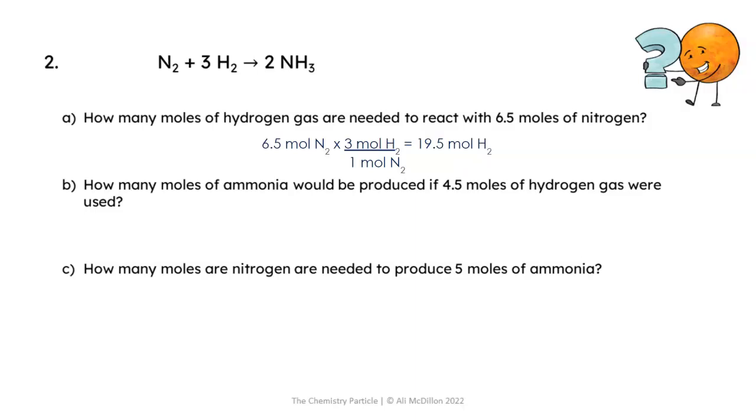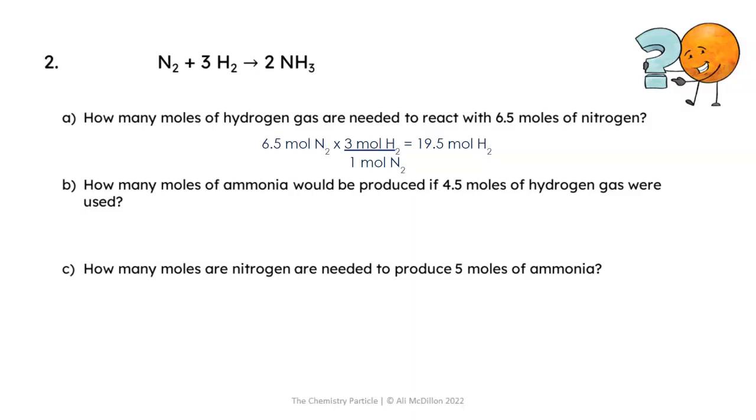Again, when you're setting these up, just because we're using ratios here, we're still setting them up to where we want the unit that we eliminate to go in the bottom and the unit that we want to keep goes in the top. So the H2 goes in the top because that's what we're trying to get to. And anytime you see these diatomic molecules like N2 and H2, those are in a gaseous form.